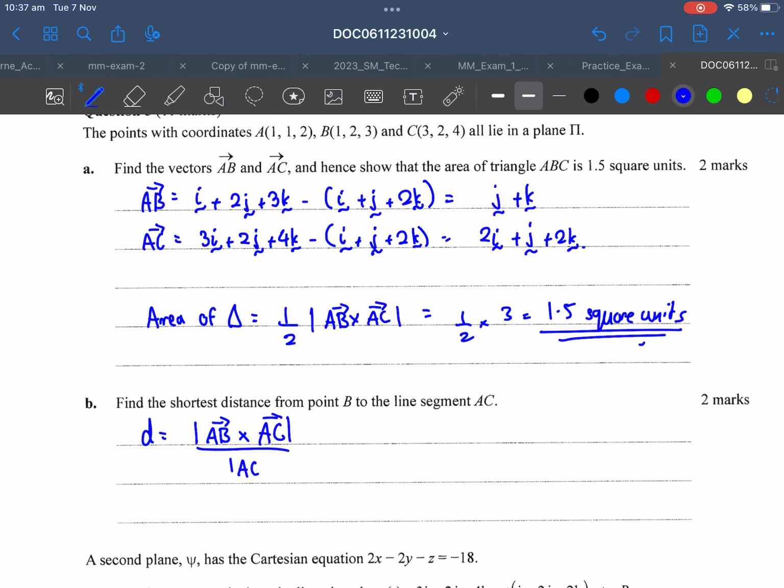I don't know if you guys use this, but I personally just use that. So anyway, we can calculate the distance based on that.